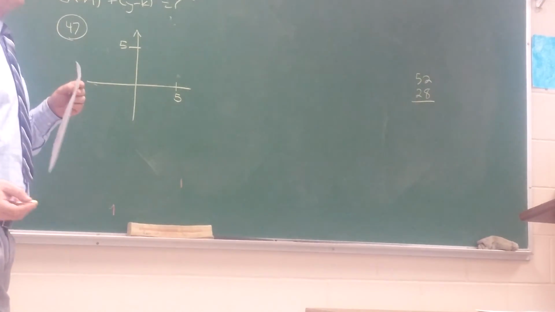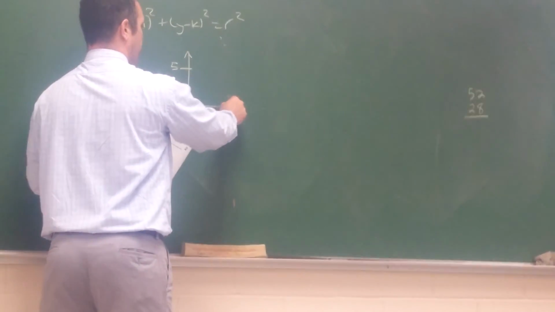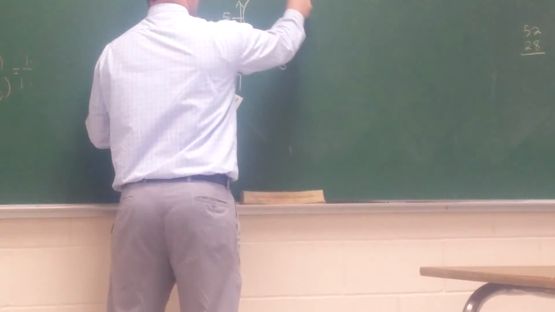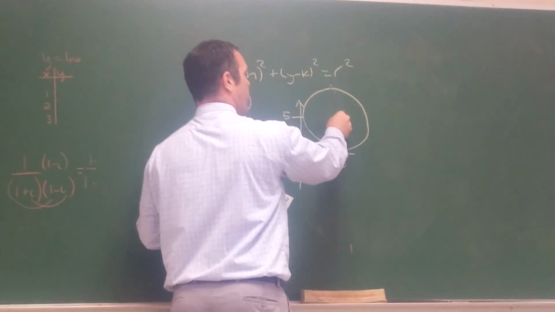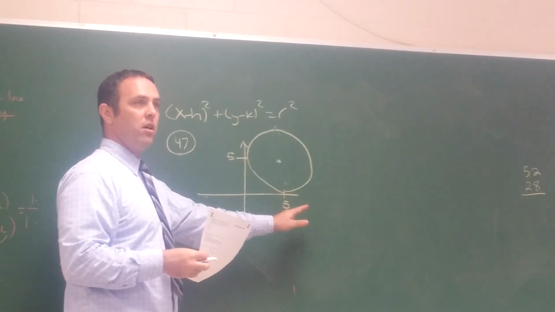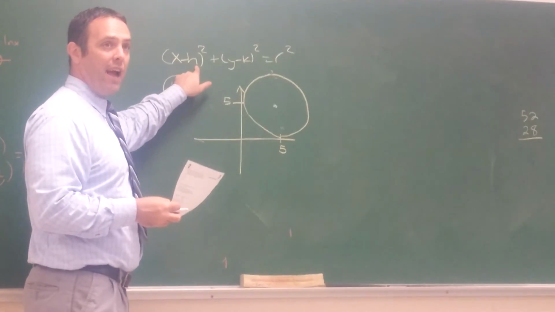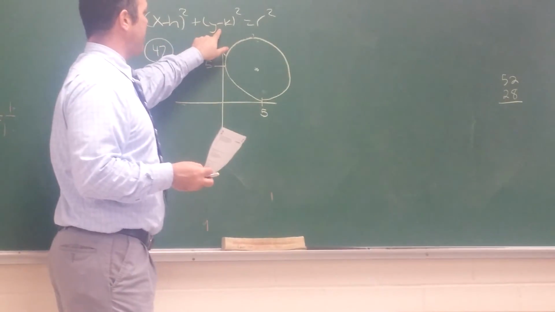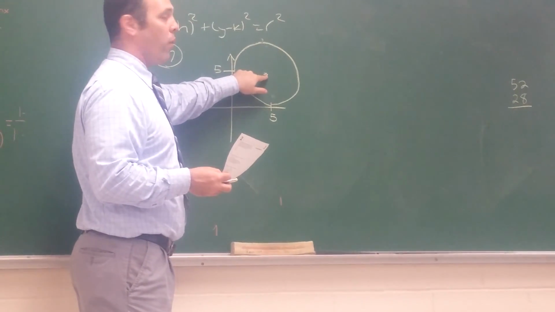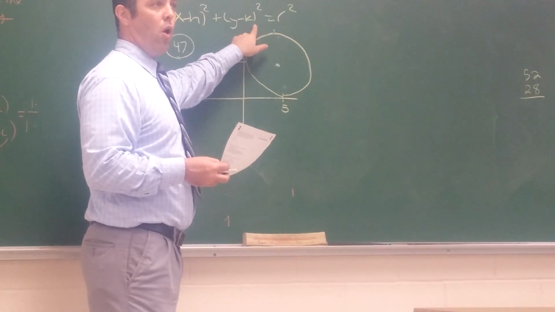Tangent just means it touches. So if it touches, the circle would have to be in this quadrant, right? Now you use what we know about shifting. It shifted 5 to the right, right? In our sketch, so 5 to the right, I subtract 5. And since it's beside the y, I do the opposite. Since it went up 5, I also subtract 5. It's always the opposite.